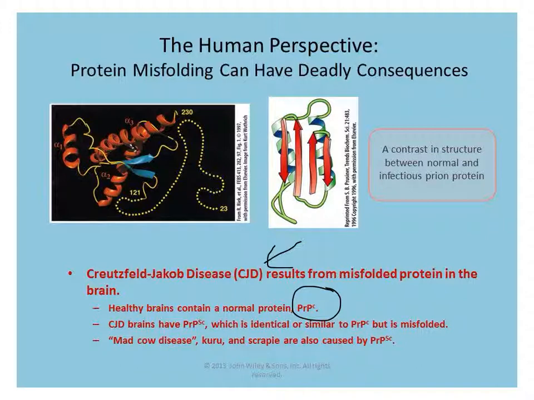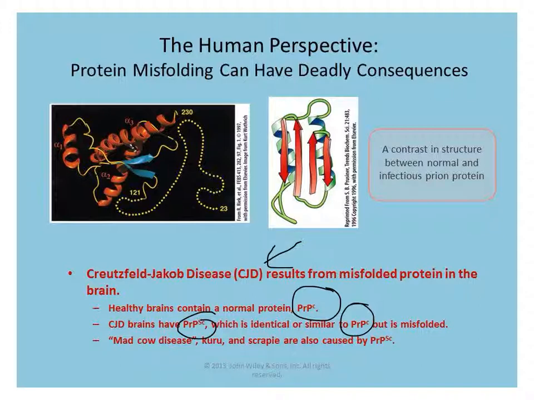However, there's another version of this prion, PrPSc, which seems to be identical or similar to the wild type, that becomes misfolded. And when it is misfolded, it will lead to degenerative diseases of the neurons.